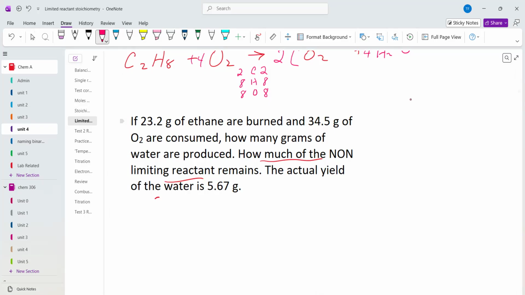You never get 100% yield. There's too many steps involved or you can waste product. Okay, so this one only produced 5.67 grams. Now the actual can never, no exceptions, never be more than the theoretical yield. Theoretical yield is what you yield on paper if everything goes perfectly.